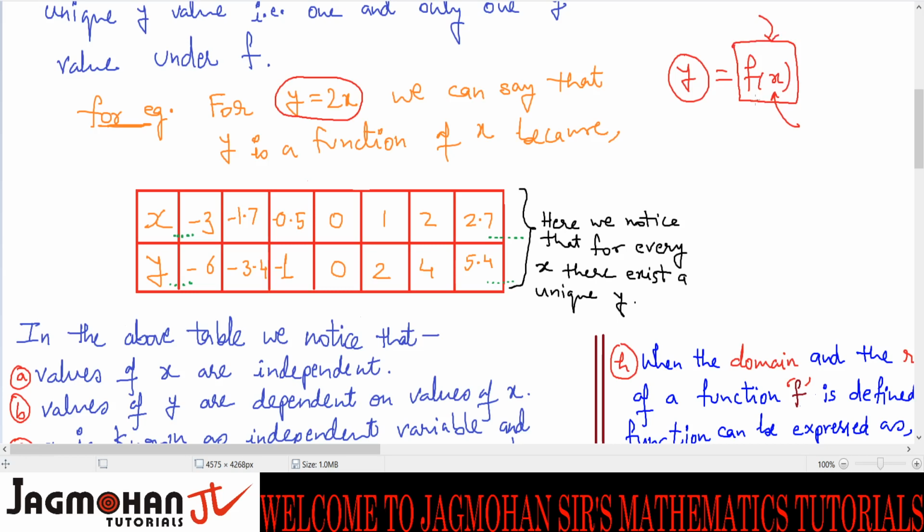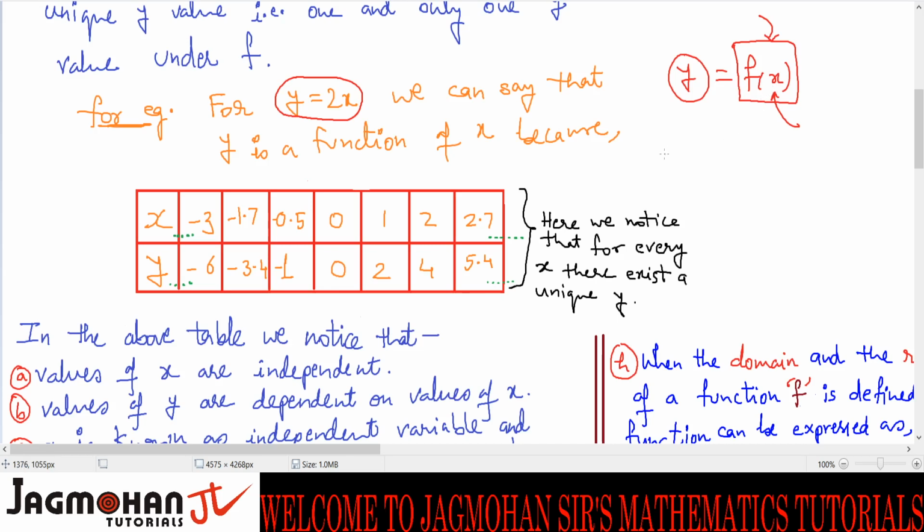For every x value we get a y value. Now the question is, how do we know what values of x we are supposed to take? For that I give you one very simple word which will always help you in deciding the values of x.